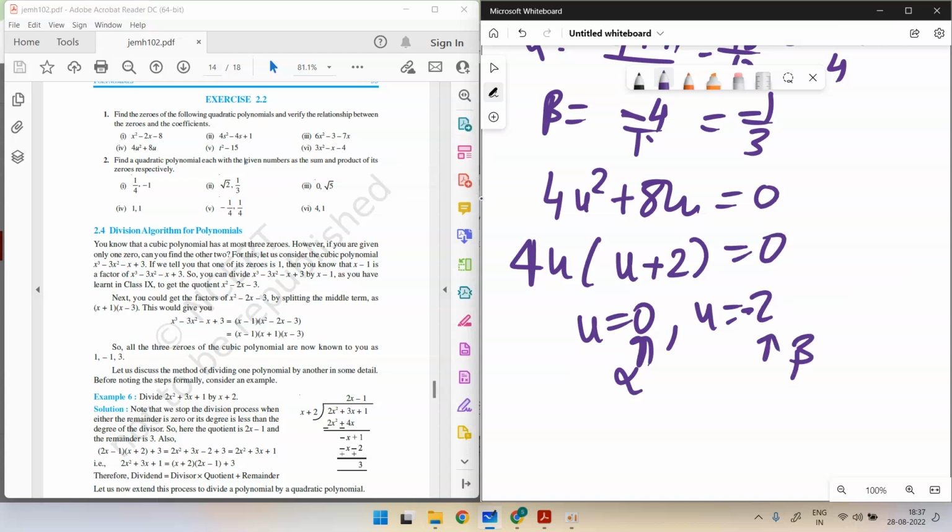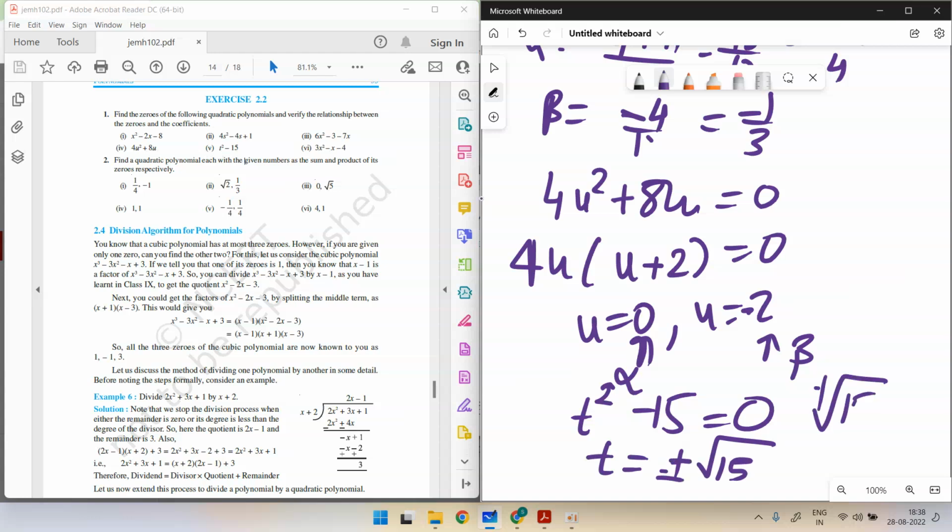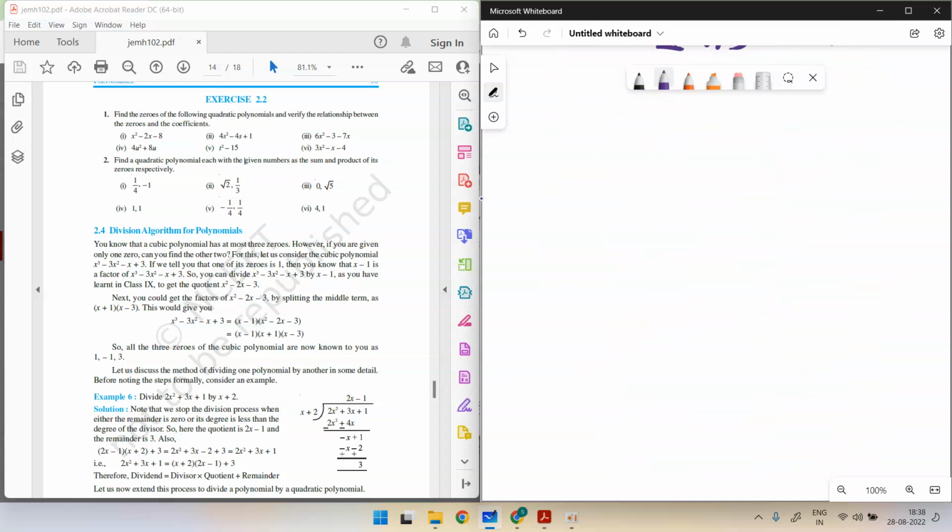Then the next answer is t squared minus 15 equals 0. So the value of t is plus or minus under root 15. One value is plus root 15, the other is minus root 15. Alpha is this, and this one is beta.